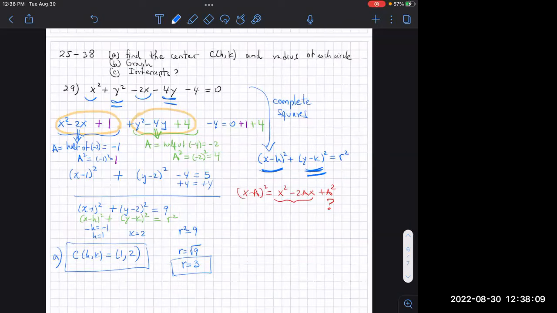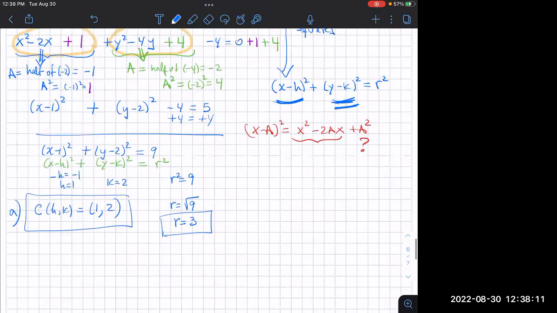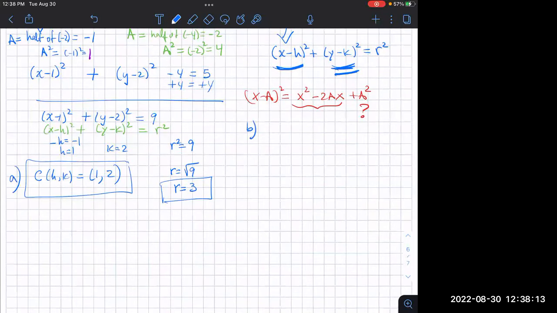Part B, graph. So now graph a circle centered at 1, 2 with radius 3. So that's the center, and radius 3: 1, 2, 3.